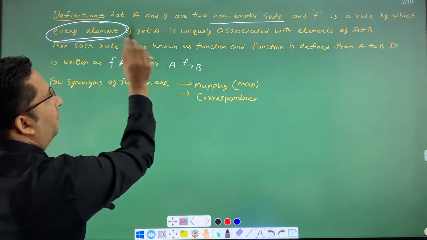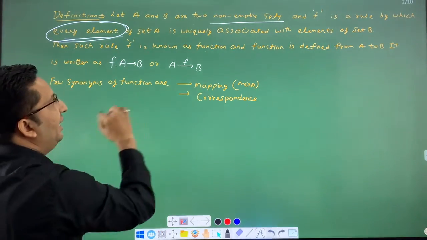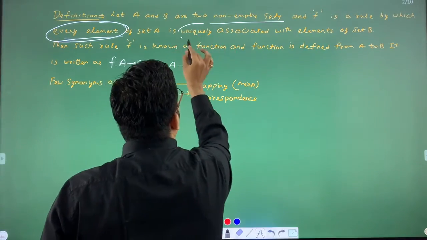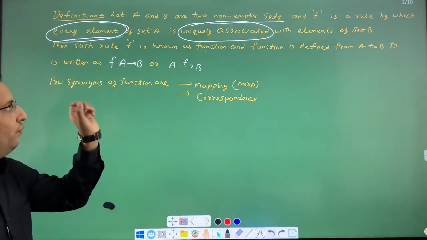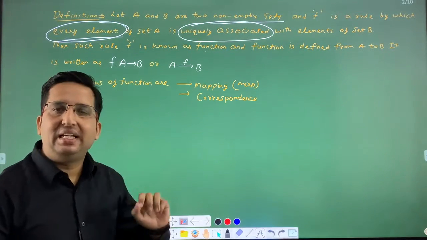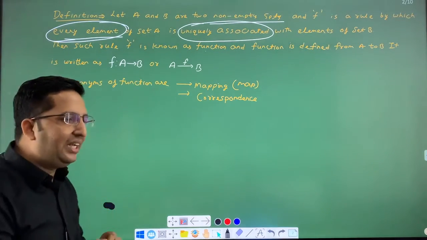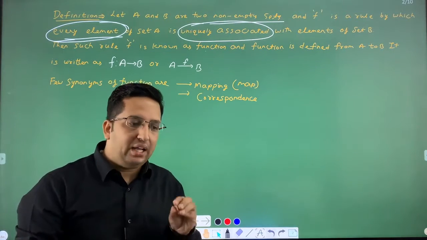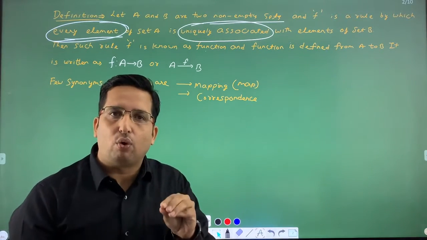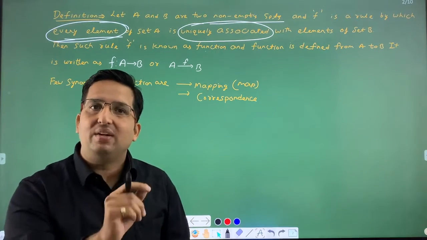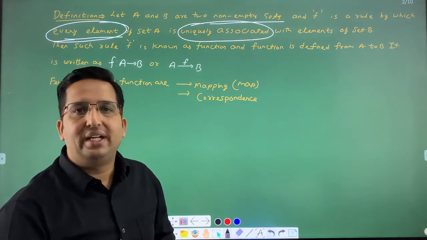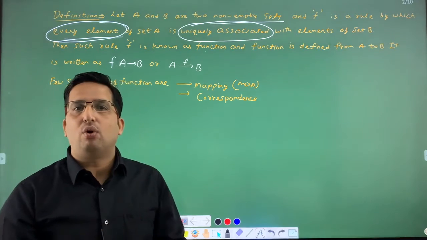The second thing we need to focus on is uniquely associated. What do we mean by uniquely associated? It means that if I substitute one value of x, we will get only one value of y corresponding to this value of x.